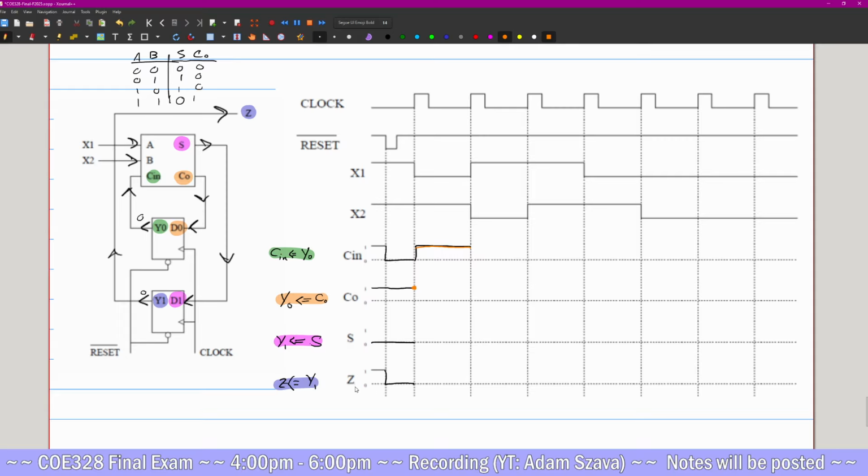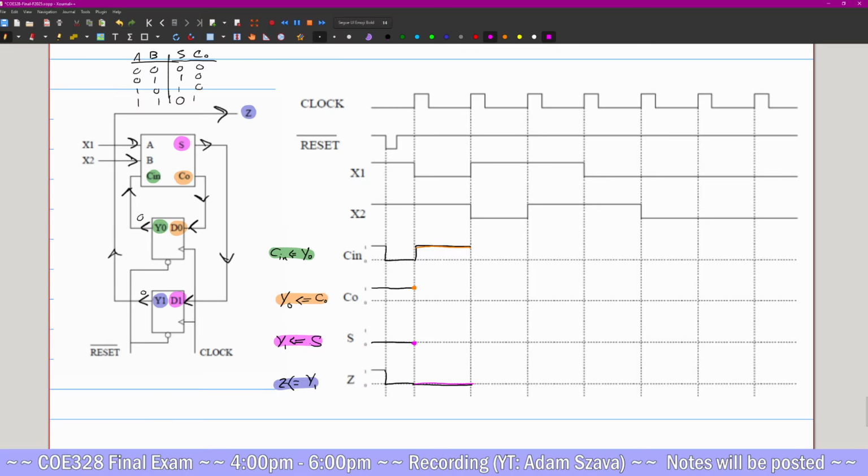The Z, the output. Well, the output is just whatever y1 is, right? And y1 is just the sum from the previous step. So the sum from the previous step was 0, and that will transition here to become a 0. So I'll draw it kind of like both, but I'm using the colors to remind why.